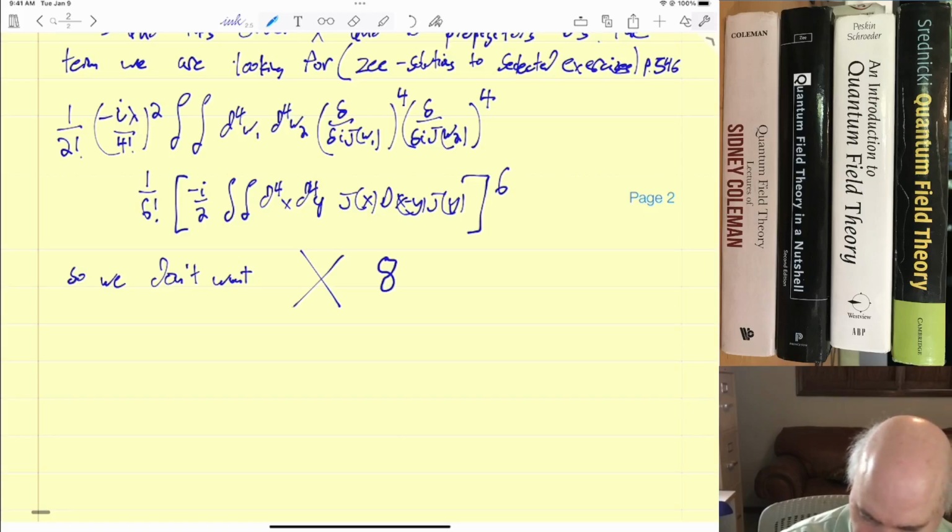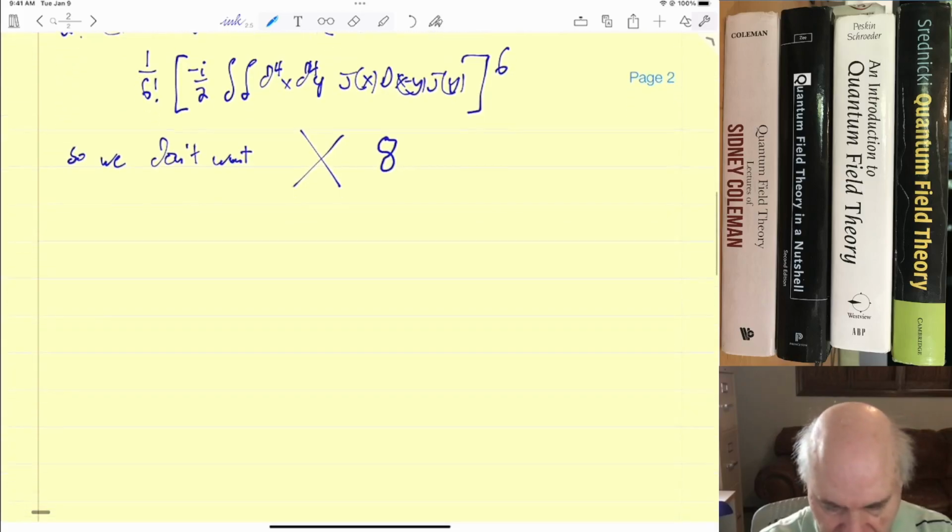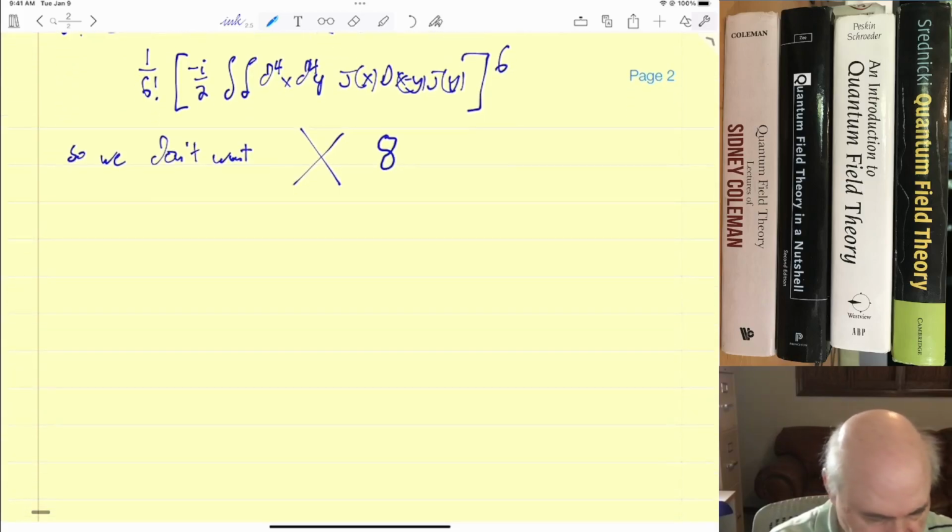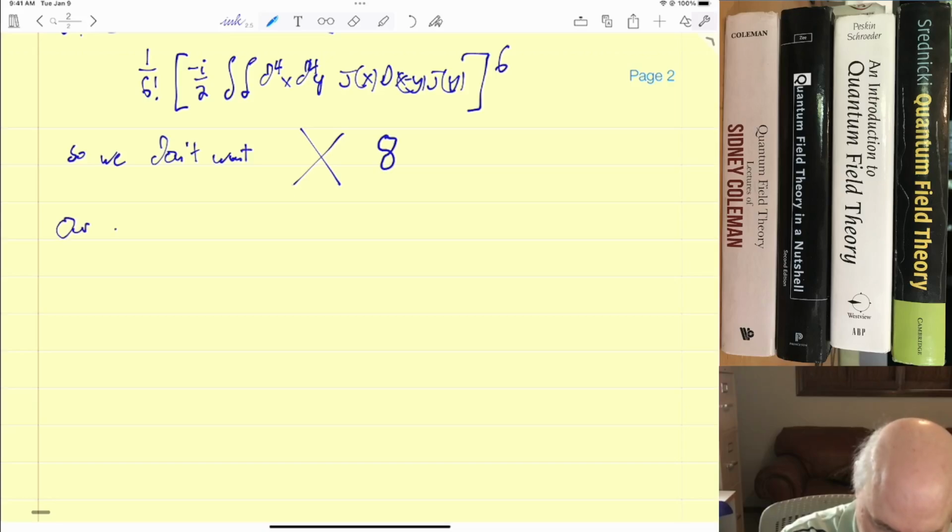So we don't want this. Okay, now our aim, by applying all the derivatives, is to get the symmetry factor.